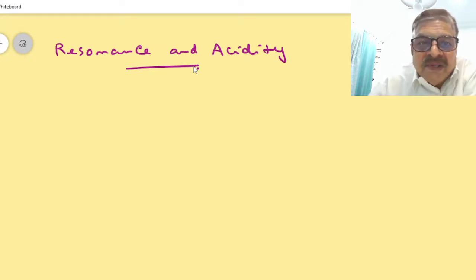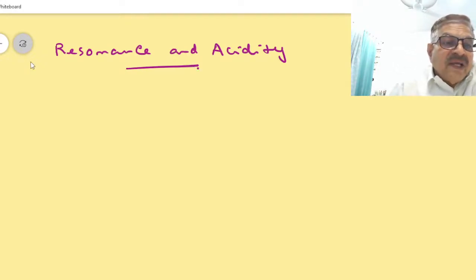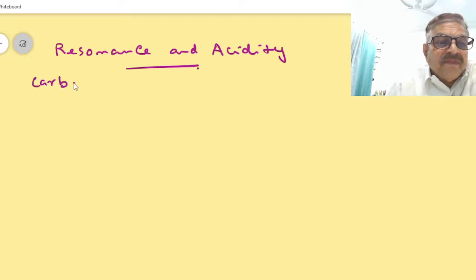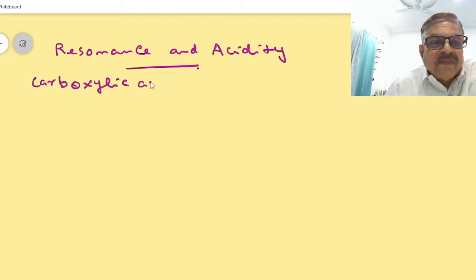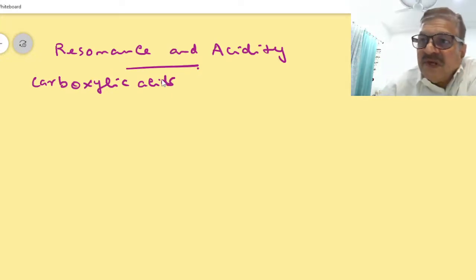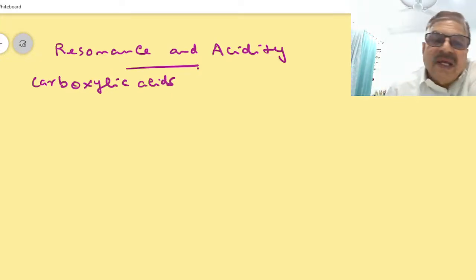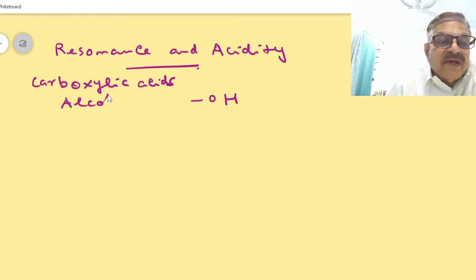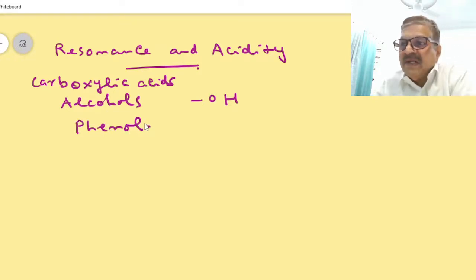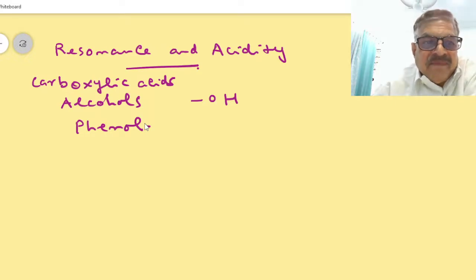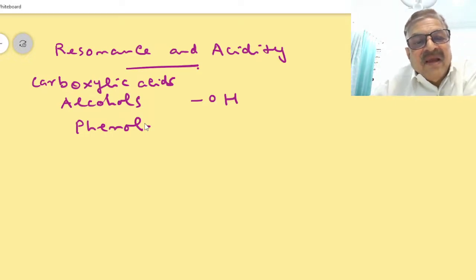Correct. There are so many phenomena like this which are to be explained in terms of resonance stabilization. It accounts for why carboxylic acids are more acidic than other compounds containing an OH group. Other compounds containing an OH group means alcohols, then we have phenol. Now we have to compare why it is happening. Why are carboxylic acids more acidic compared to alcohols here?